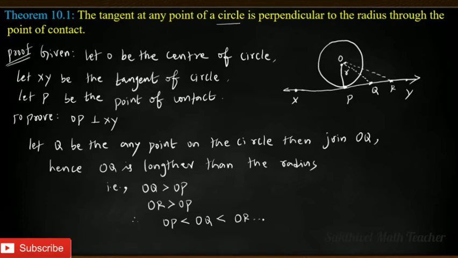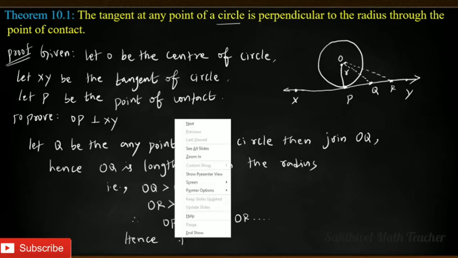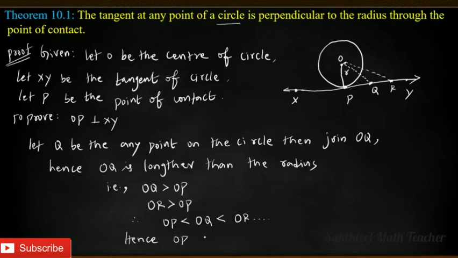If you are taking some other point also, the smallest length is OP. Then the smallest distance we have will definitely make 90 degrees with the tangent. So hence we are writing OP is perpendicular to the XY.